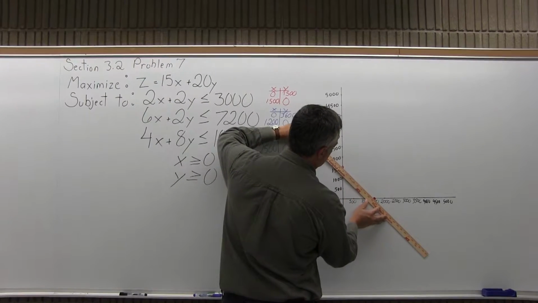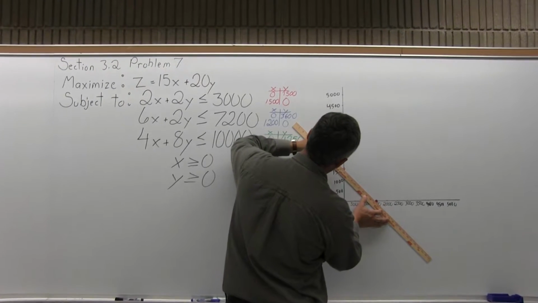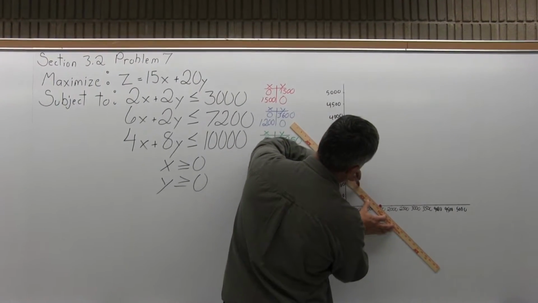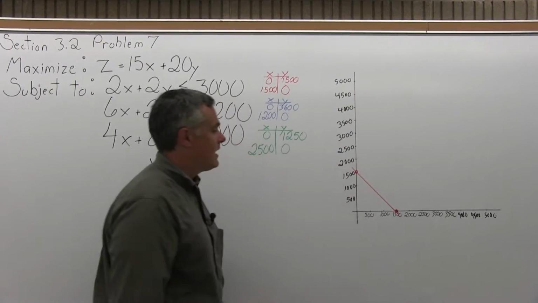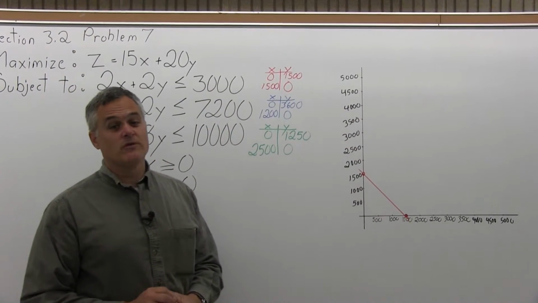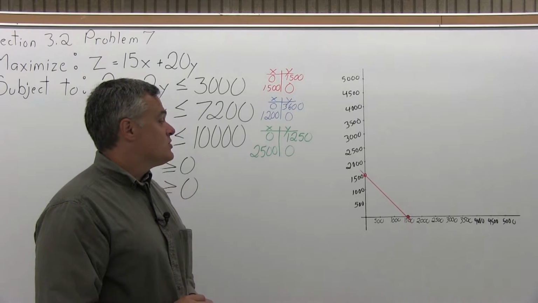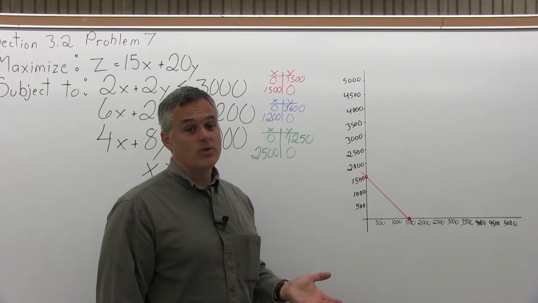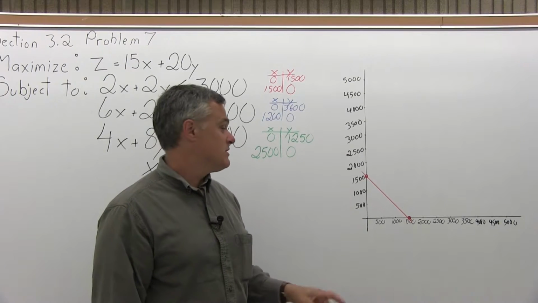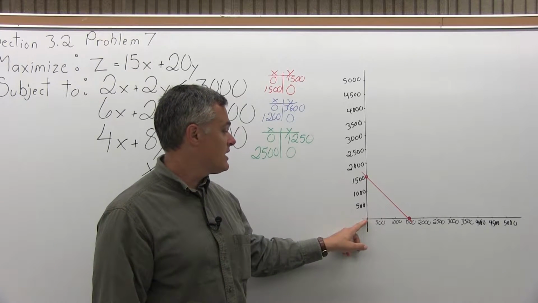There's my ruler. And I must shade either above the line or below the line. So as usual, to determine which side of the line you shade, you want to pick a test point that's not on the line. Use 0, 0 if you can. And 0, 0 is not on the line. I can use it.